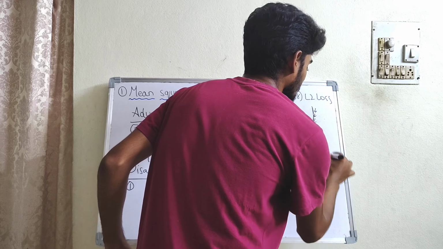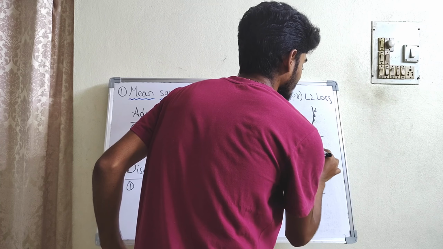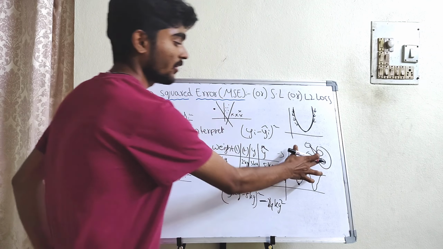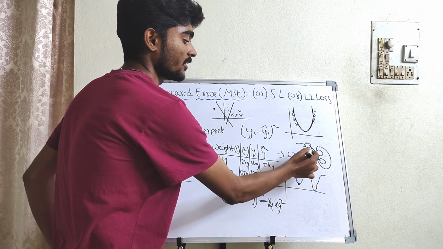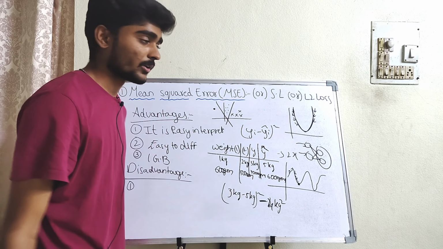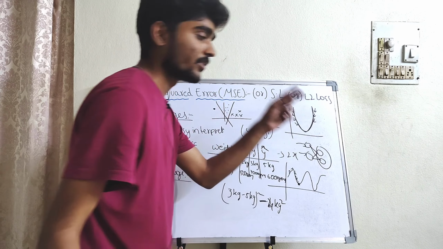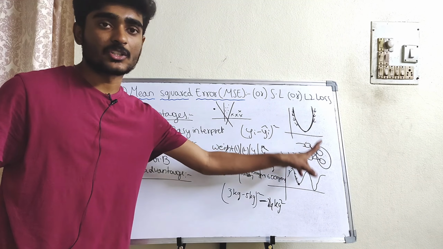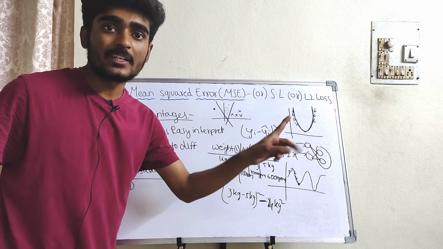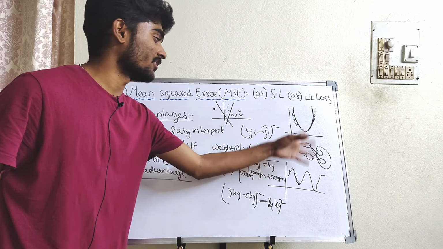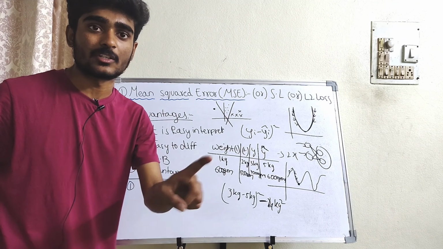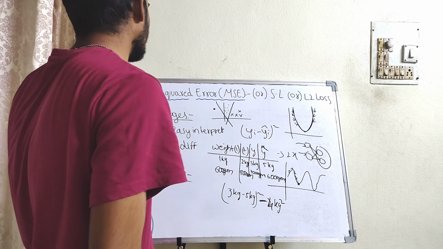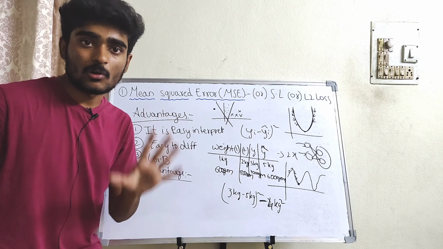These are the inputs, this is the hidden layer, and this is the output layer. We have two nodes in the output layer. The activation function of these two nodes must be linear. It is the condition for the implementation of the mean squared error loss function.